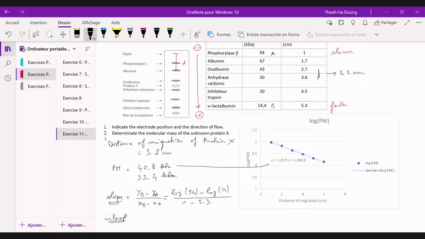For example, if I take phosphorylase b, I will have log of 94 equal the slope I found, minus 9, times 1, plus the intercept, let's say I, and after I can determine the I, and I have the equation. Okay? Okay, thank you. No problem.